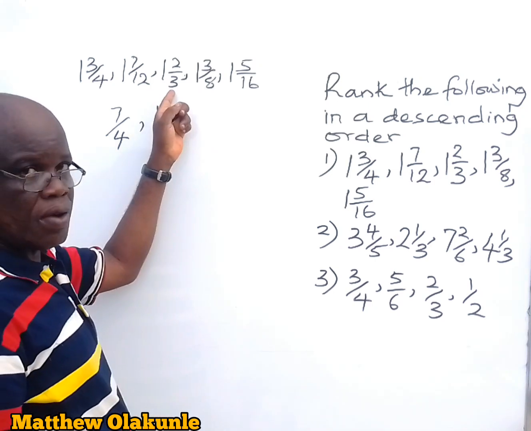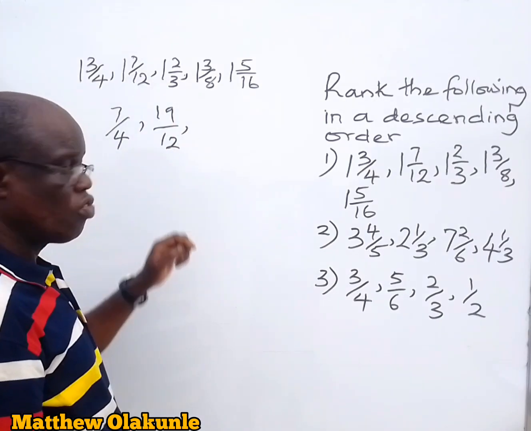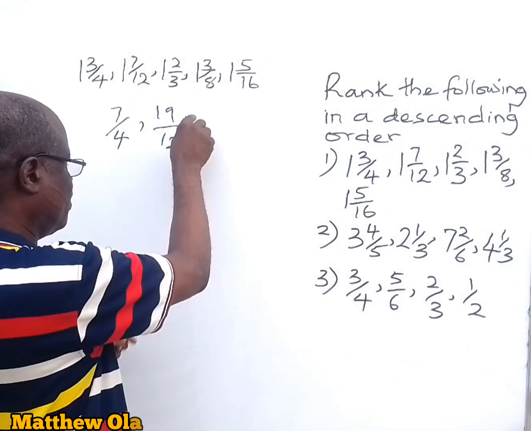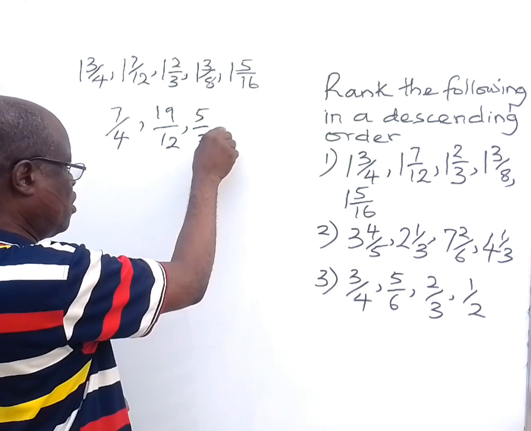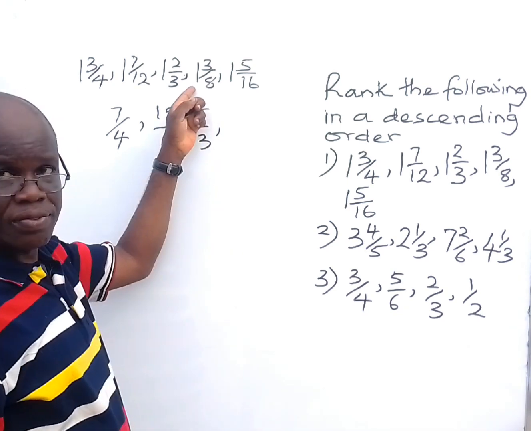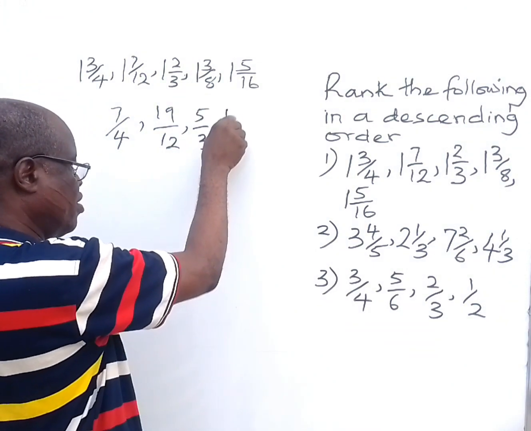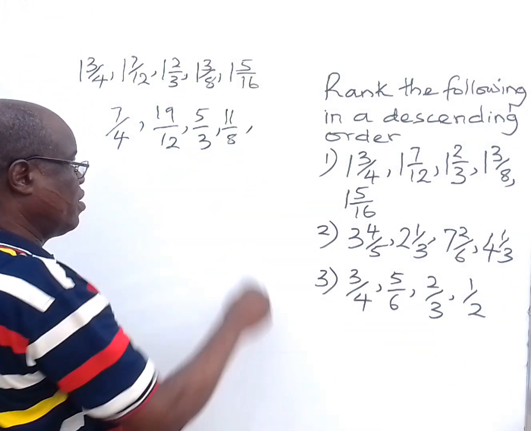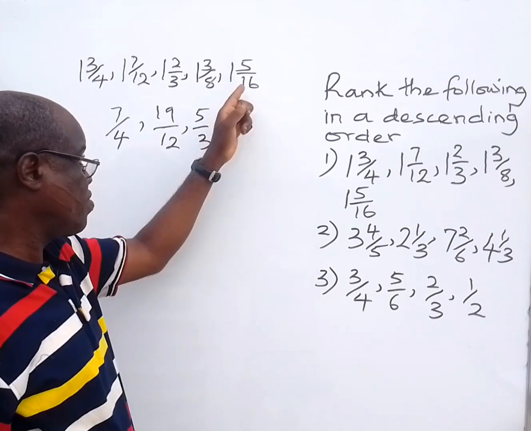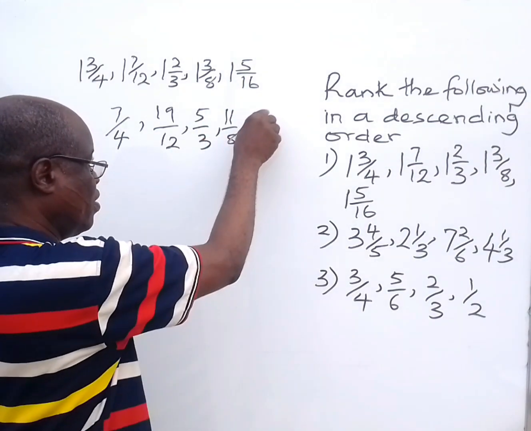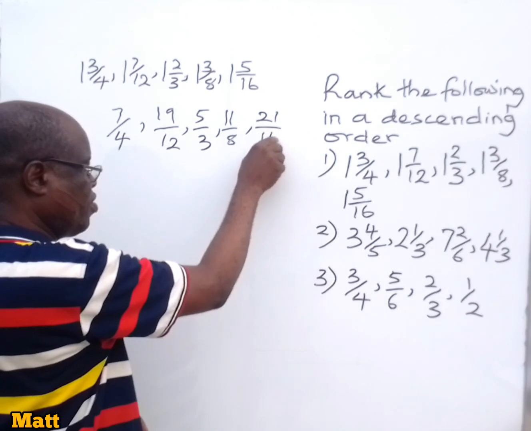Then the third one, 1 times 3, 3 plus 2, 5 over 3. Then the fourth one, 1 times 8, 8 plus 3, 11 over 8. Then 1 times 16, 16 plus 5, 21 over 16.